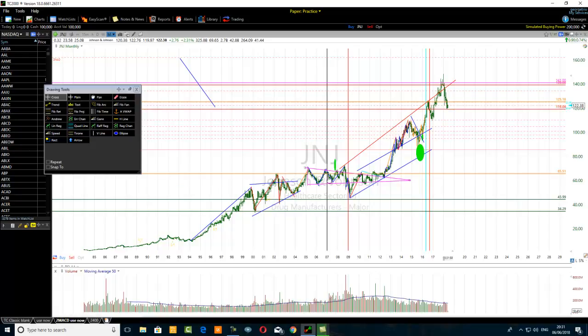Because the fight between the bulls and the bears is finished, and now the bears have the upper hand. The upper hand of the bears is confirmed when that base is converted into a resistance level, or the price forms a lower high below the triangle.